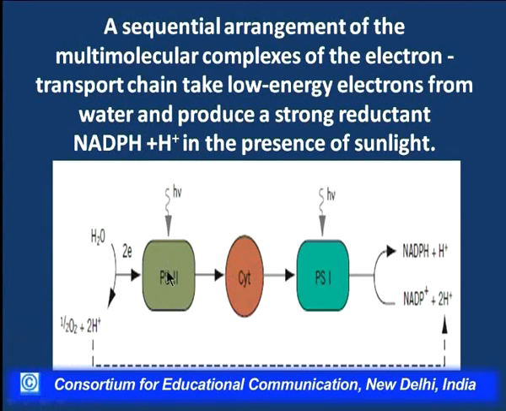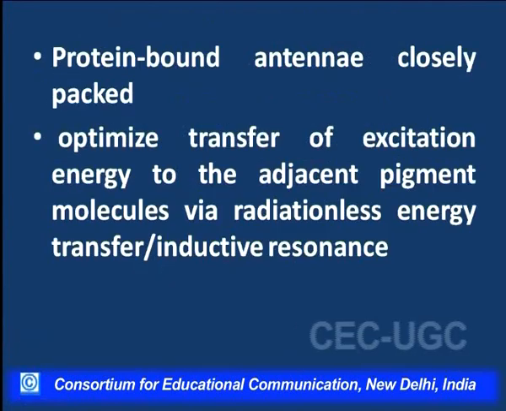The PS2 is going to be energized as the heavier one, and water is going to be broken down to release protons and oxygen, and these electrons will pass through an intermediate cytochrome system, which is composed of Rieske proteins also, and then ultimately coming to PS1. The PS1 is also going to lose its electrons, and it's also going to reduce the NADP to NADPH. So this is how a strong oxidant and a strong reductant are functioning in tandem.